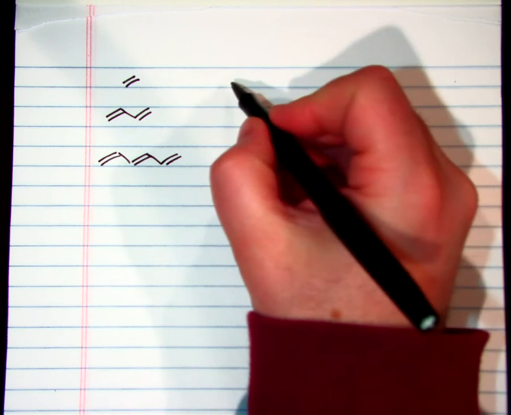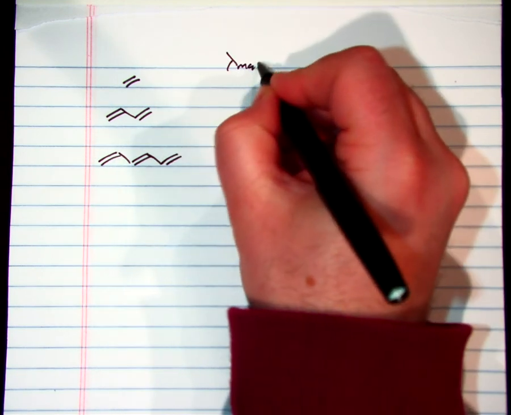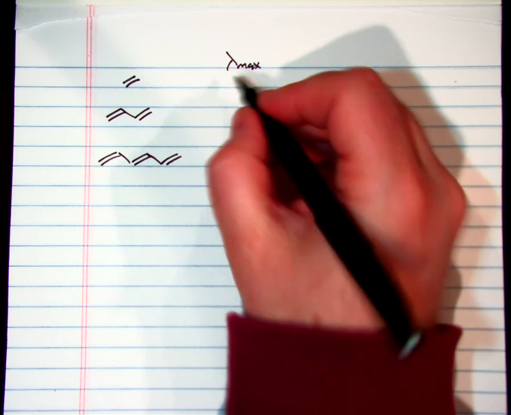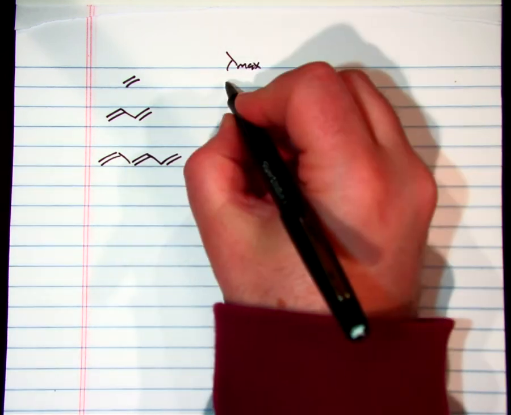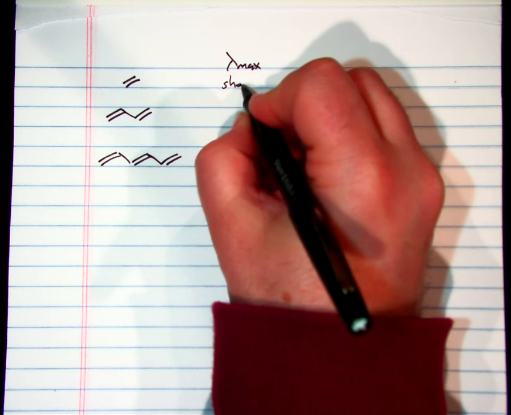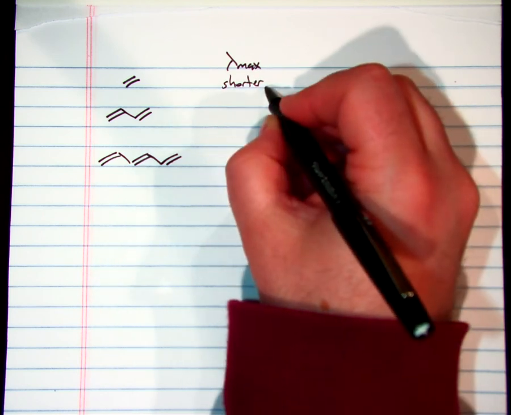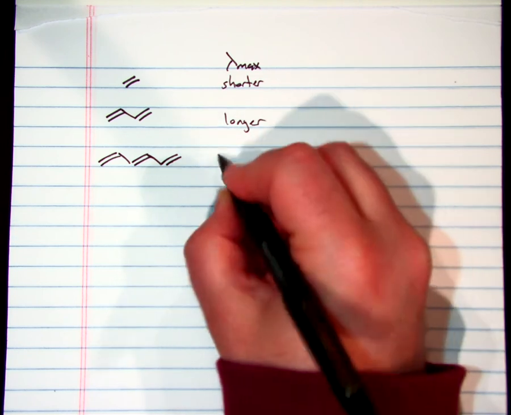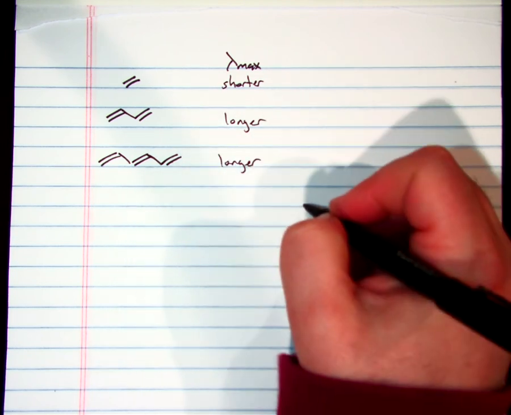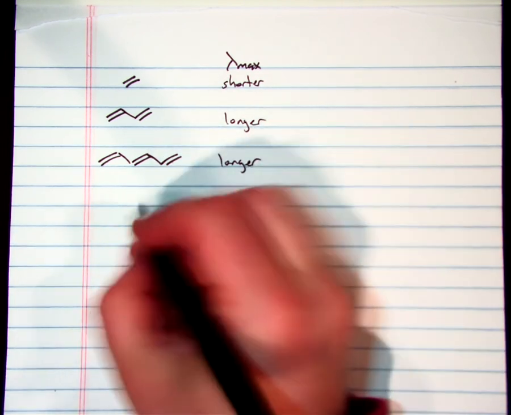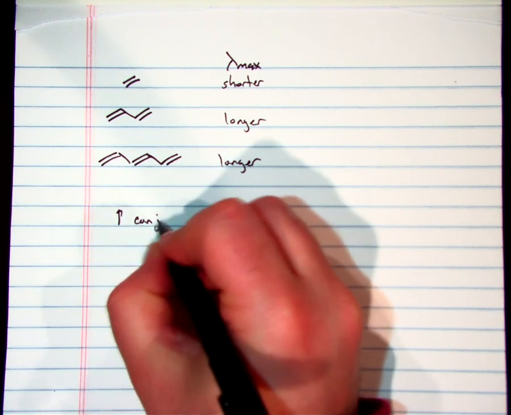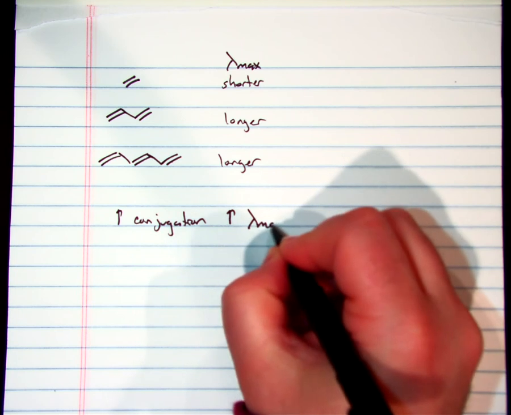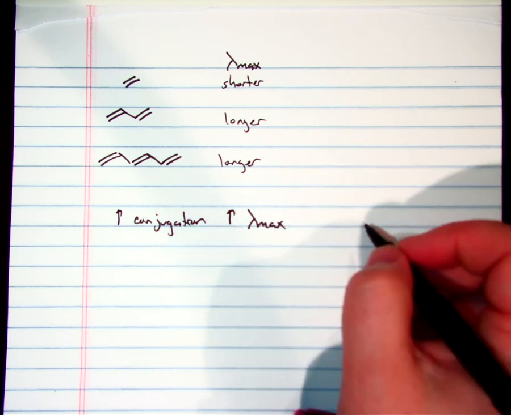So what we see is that lambda max, or the maximum wavelength that we see, this is a shorter wavelength, and as we go down this table, it gets longer and longer. So as we go down this table, the increase in conjugation leads to an increase in that lambda max, or the wavelength of that max absorption.